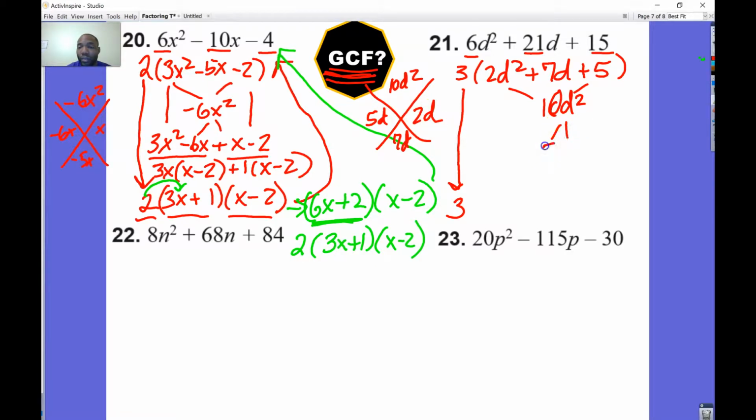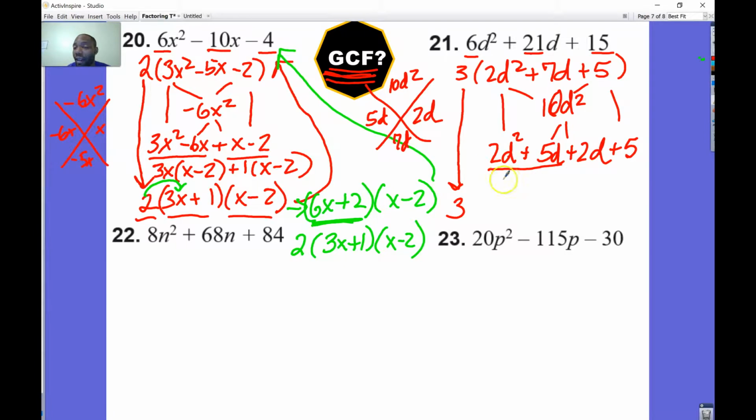So you break down into 5d plus 2d, bring you down. Am I going too fast? Plus 5. Let me slow down. Bring you down. I hear somebody saying yes. Plus 2d squared. You should have the problems written down already. So that ain't me.